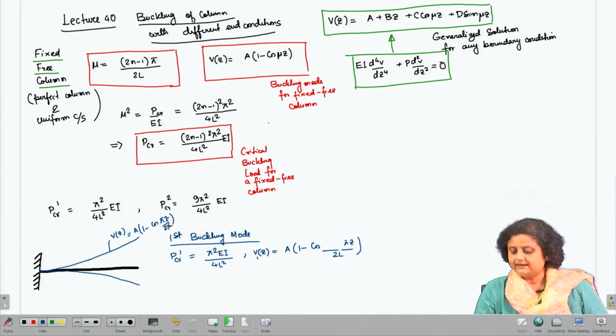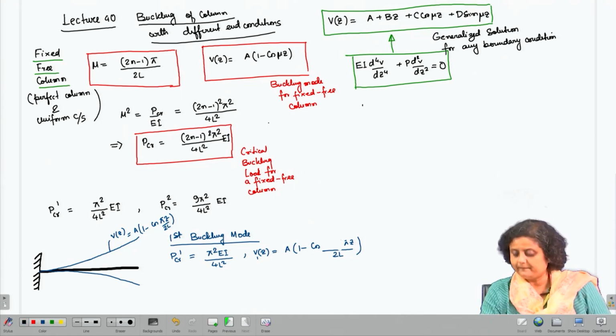Now, similarly, the second buckling mode can also be drawn.